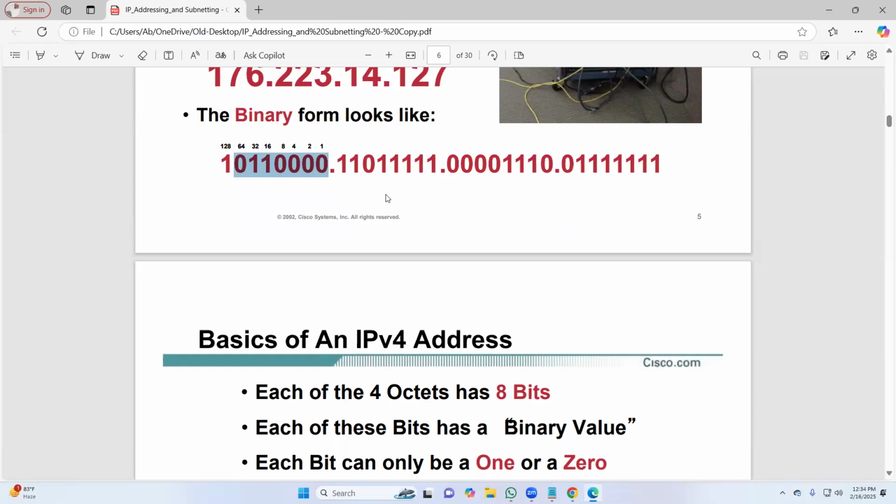This is one number, and this is the second number. How many digits? 1, 2, 3, 4, 5, 6, 7, 8. This is 8 digits, another 8 digits, another 8 digits, another 8 digits. But this can be any number. If you calculate in decimal, you can find any number.